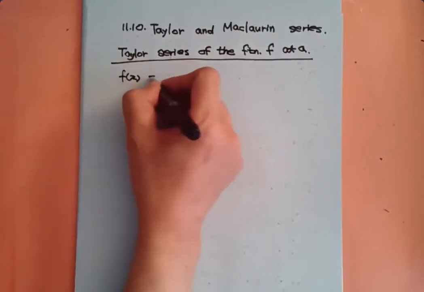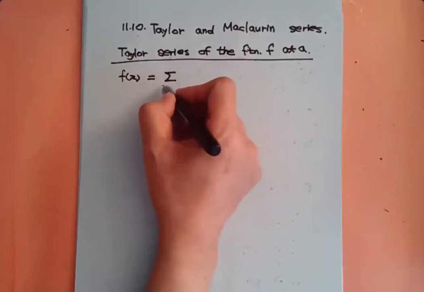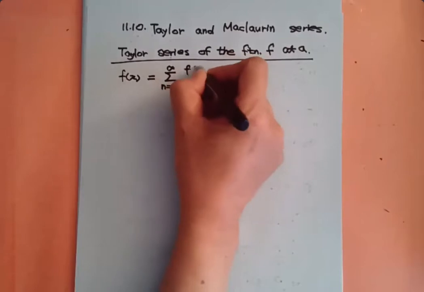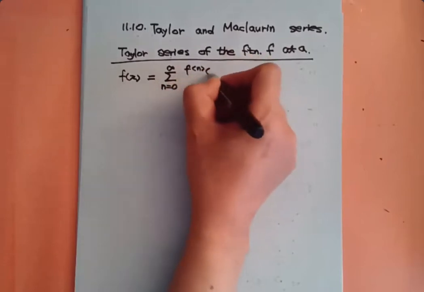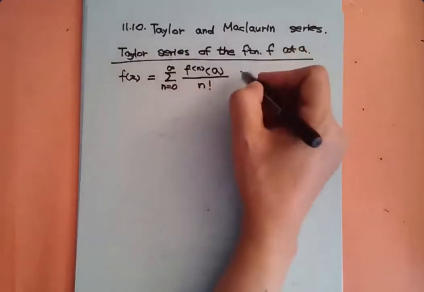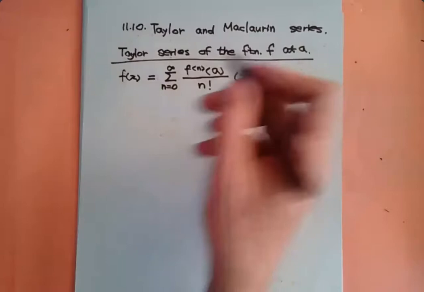So for f of x, the Taylor series expansion is the sum from n equals 0 to infinity of the nth derivative of f at a over n factorial times (x minus a)^n.